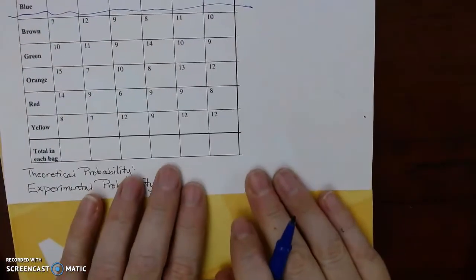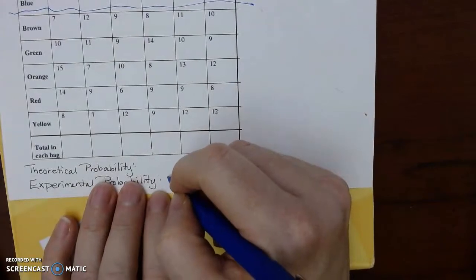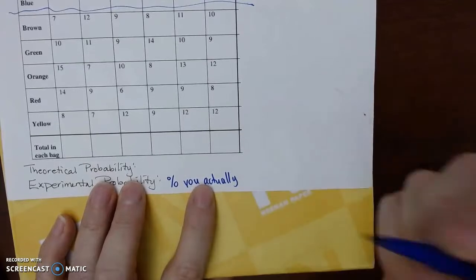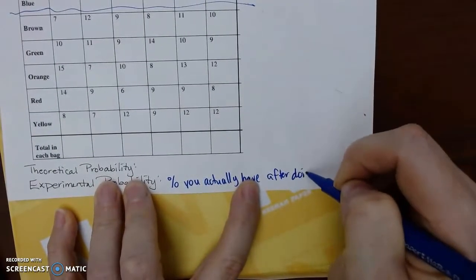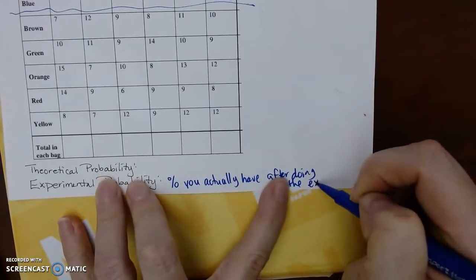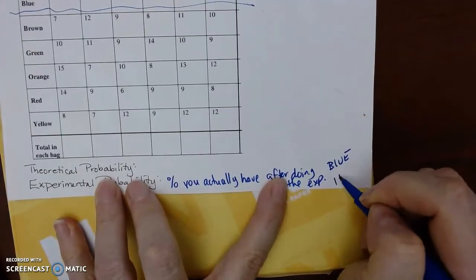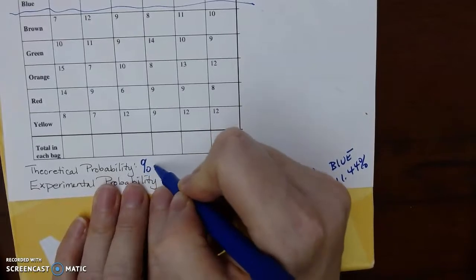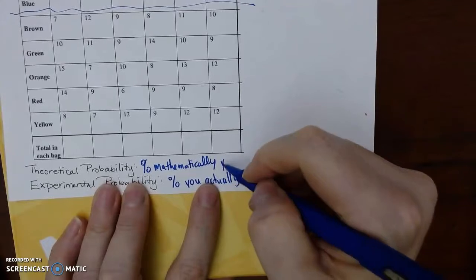And then I think there's a question on your assignment that talks about state the theoretical probability and the experimental probability. The experimental probability is the percent that you actually receive, earn, have after doing the experiment. So for blue, our experimental probability was 11.44%. Theoretical probability is the percent that mathematically you obtain.